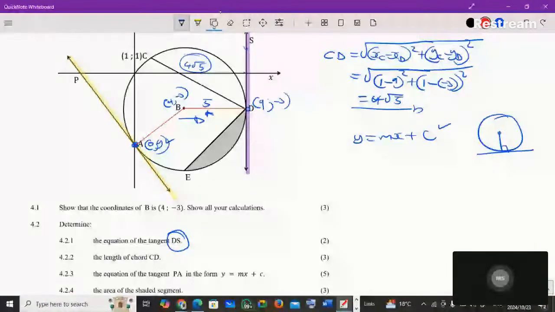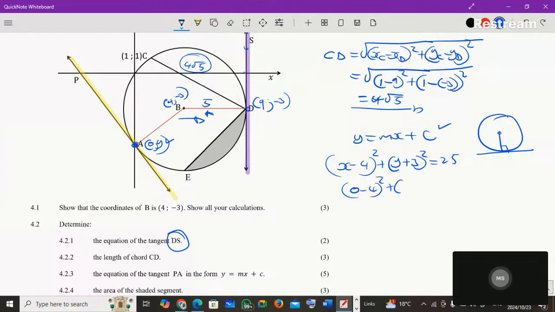But first we must find the coordinates of A. How do we find the coordinates of A? By using our equation, because this is a circle and the point is on the circumference. Our equation of the circle was x minus 4 squared plus y plus 3 squared equals 25. Substitute x as 0, so we have 0 minus 4 squared plus y plus 3 squared equal to 25.